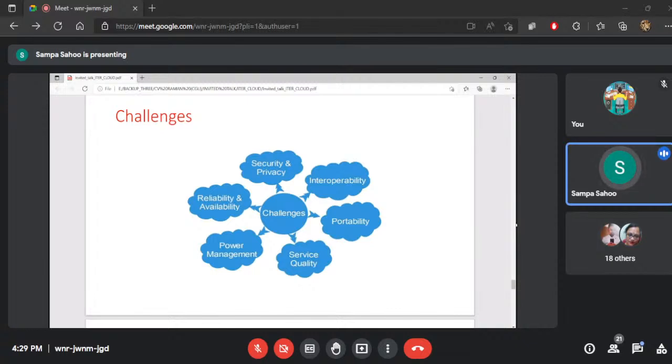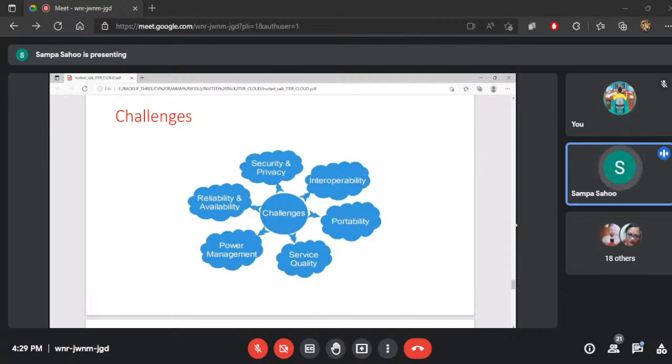So what are the different challenges? You can say security and privacy. In cloud, what happens? You are transferring your personal documents to a third party. If they misuse it, then it will be a great concern. So security and privacy is a challenge in a cloud infrastructure.